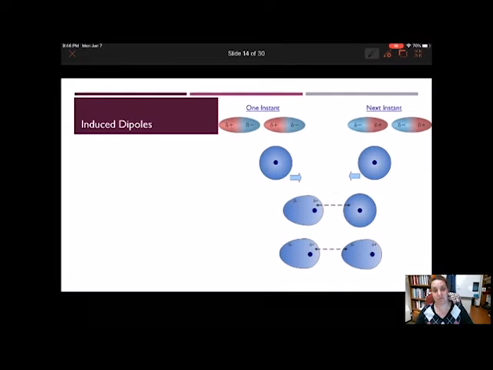Here we have just two nonpolar molecules. And when they come into contact with each other, electrons move, and we get induced dipoles.